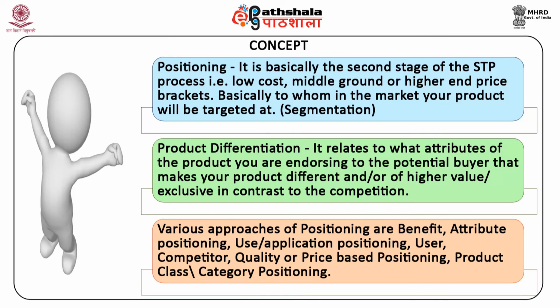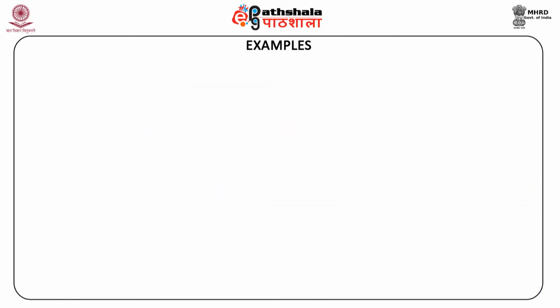Various approaches of positioning are benefit, attribute positioning, use application positioning, user, competitor, quality, or price based positioning, product class category positioning. Differentiation can be practiced by marketers in the form of image, channel, personnel, service, and product differentiation.